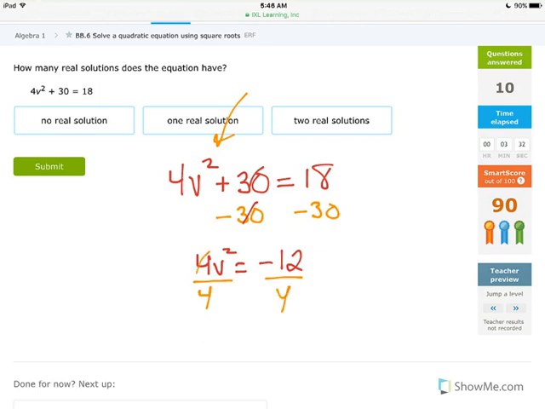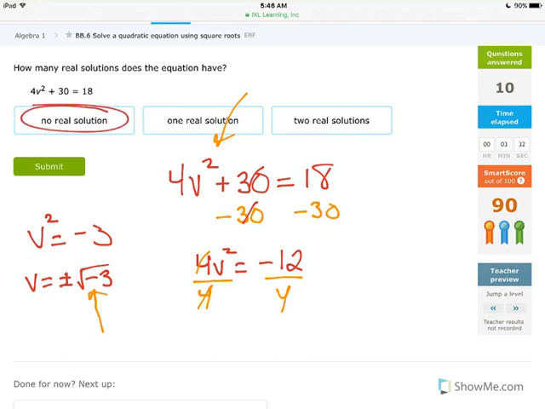So your 4's cancel, and you're left with v squared, and negative 12 divided by 4, that should be negative 3. And to finish solving this, to get v by itself, you would have to square root a negative 3. And we cannot square root negative numbers. So since we end up with a negative there, it's going to be no solution.